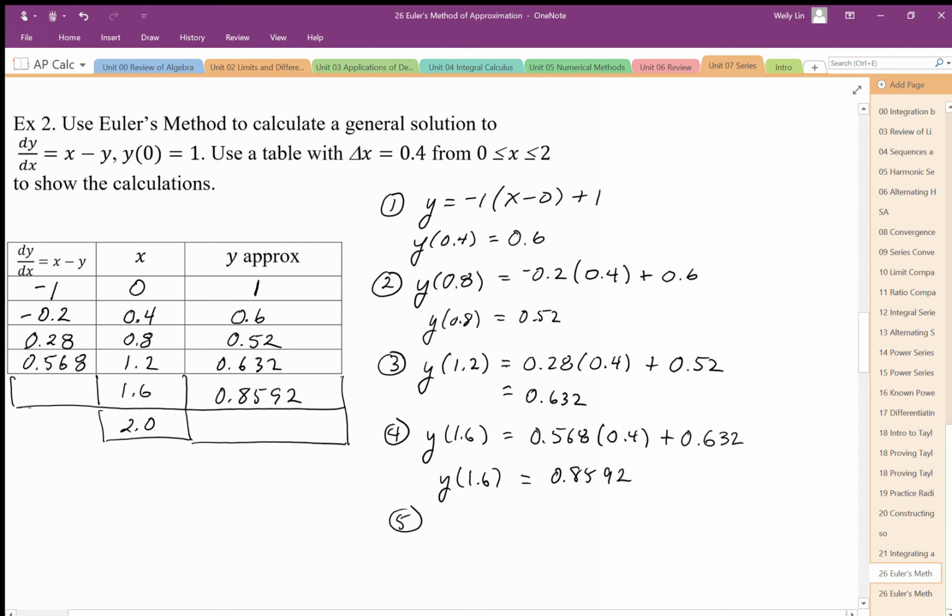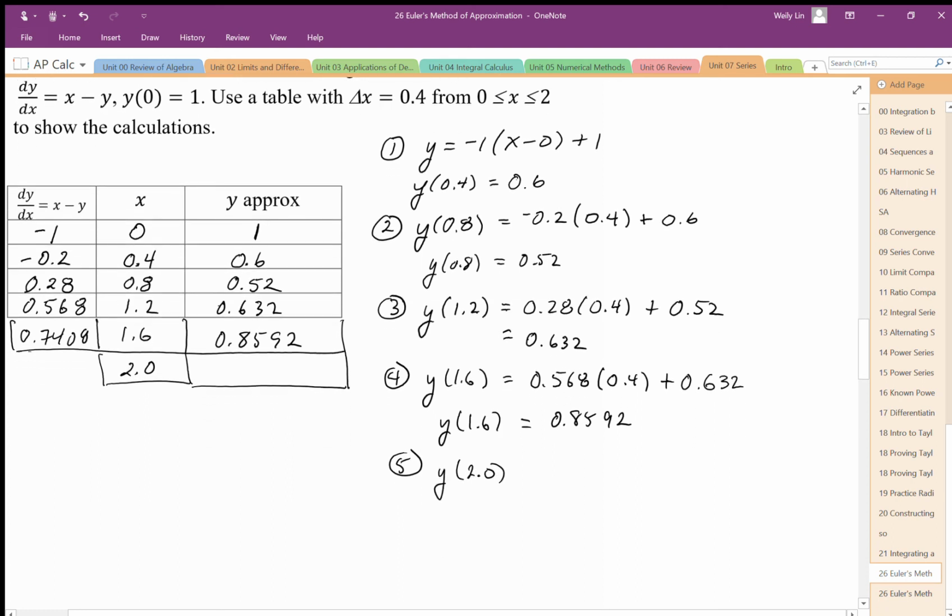So my slope is going to be 1.6 minus 0.8592, so 0.7408. Then my new equation looks like this. I'm going to use that slope for this point at x equals 2.0.